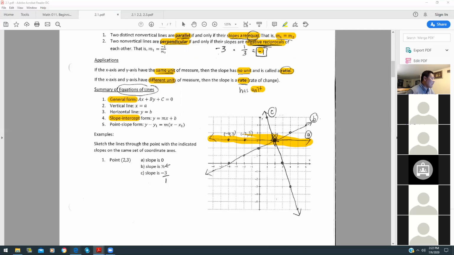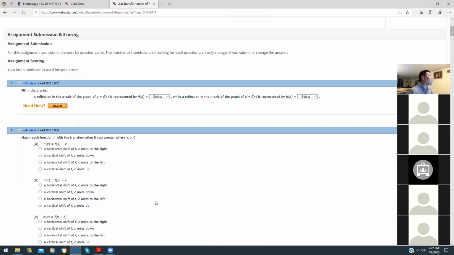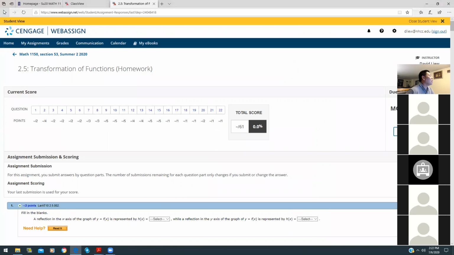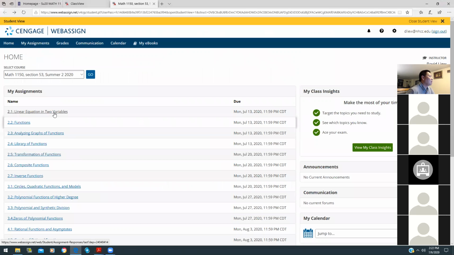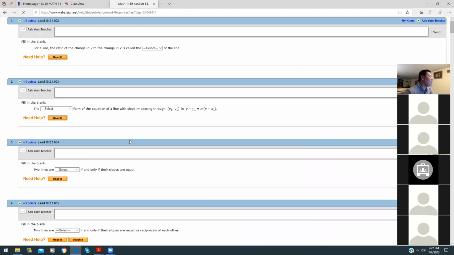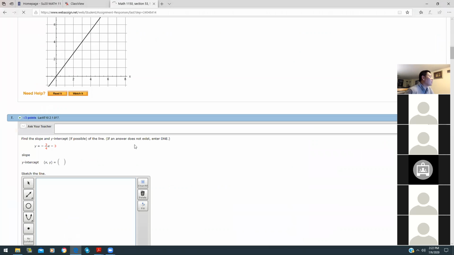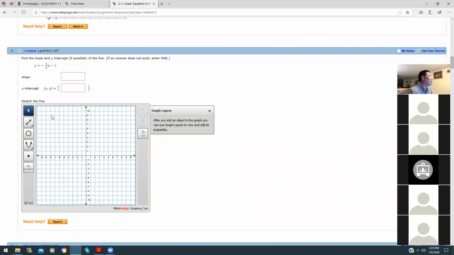So my question is, how do you draw a line on your online homework, not this one? How do you draw a straight line? It's tough to draw a straight line sometimes in the homework because it's not like the freehand drawing that we have here. For example, this one, they want you to sketch this line.